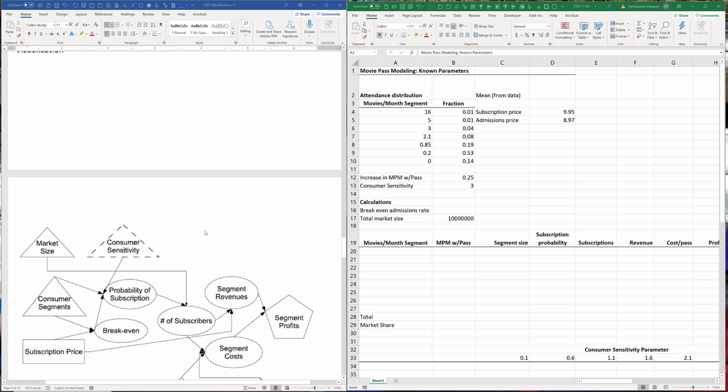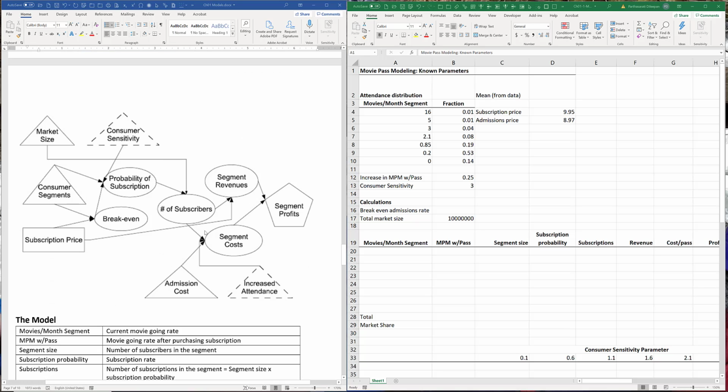Now let's look at the model. We have the visualization.